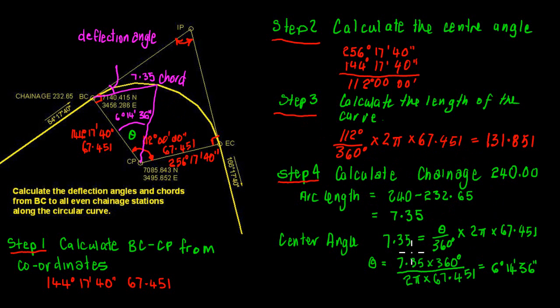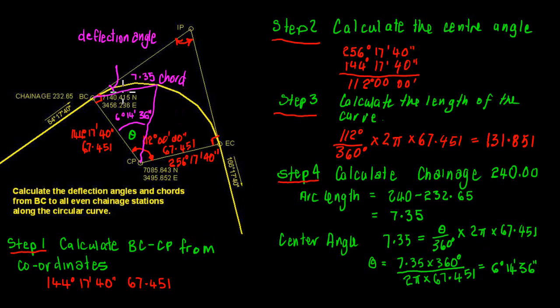So clearly 7.35 would be the angle, theta, over 360 times 2 pi r, 67.451 being r, the radius. And then we manipulate that equation and we get theta equals 7.35 times 360 degrees divided by 2 pi times 67.451, and that gives us 6 degrees 14 minutes and 36 seconds, which is this angle here, subtending the arc of 7.35, and that's the chord in there.